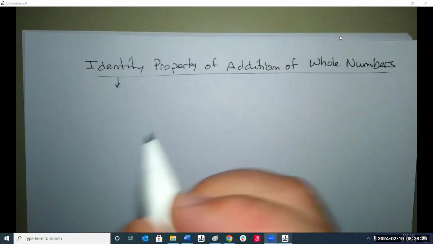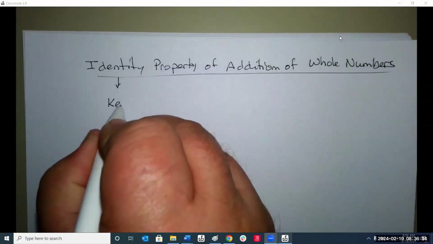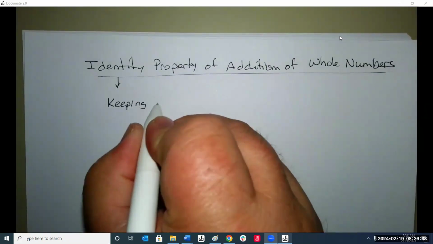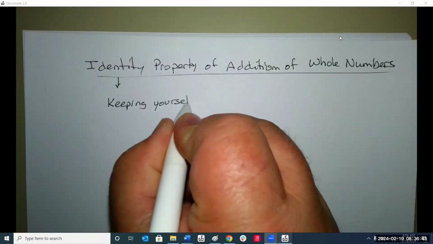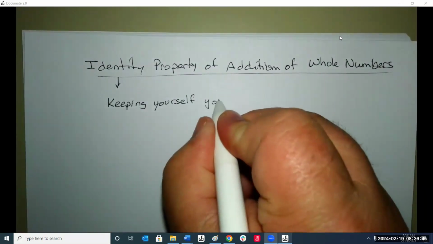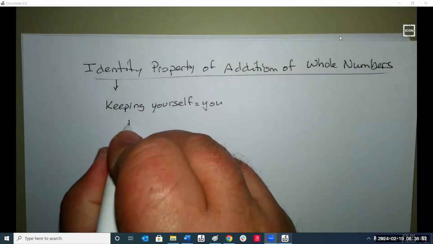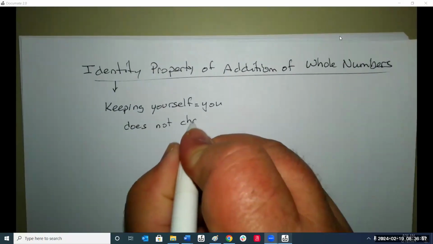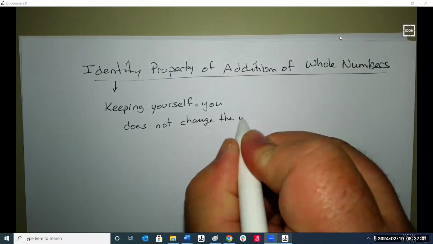Identity is keeping yourself you. So it won't change you. It does not change the value.